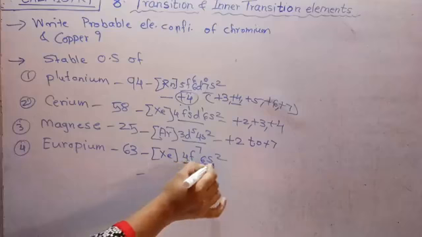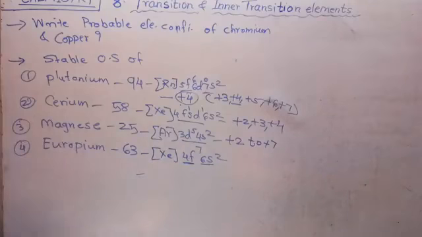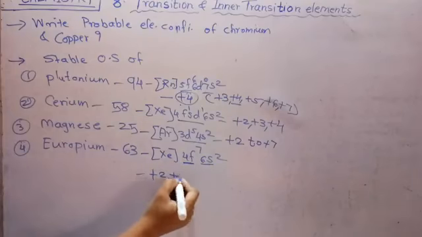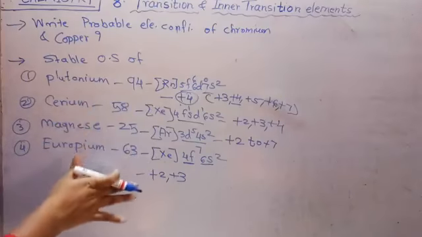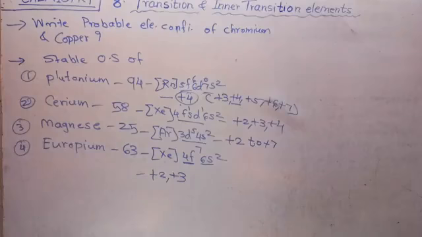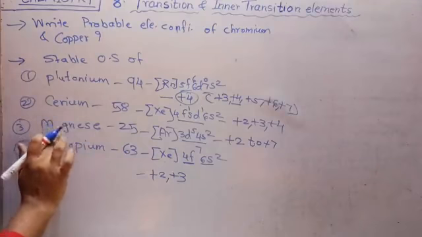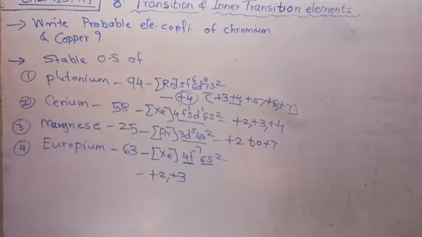Then there is a removal of 2 electrons from the 6s for the europium to show the +2. But europium again shows the oxidation state +3 also. Those are the stable oxidation states of plutonium, cerium, manganese and europium. Clear?